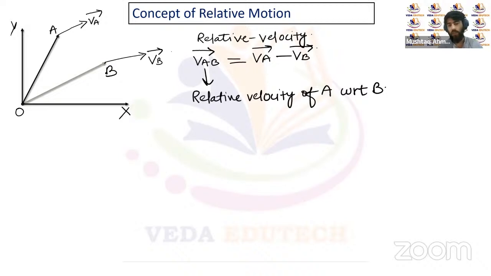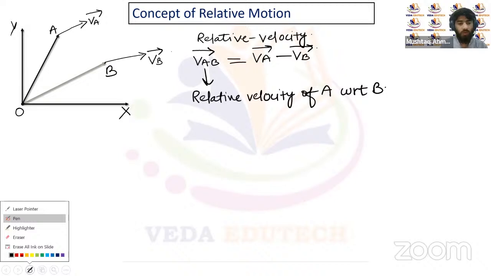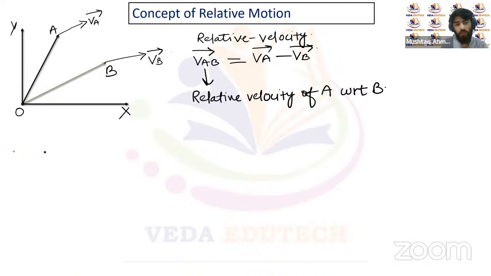Similarly, we can also find the velocity of body B with respect to body A, or particle B with respect to particle A. That will be given by the VBA vector. That will be equal to the velocity of B minus the velocity of A, right? So it will be VB vector minus VA vector.